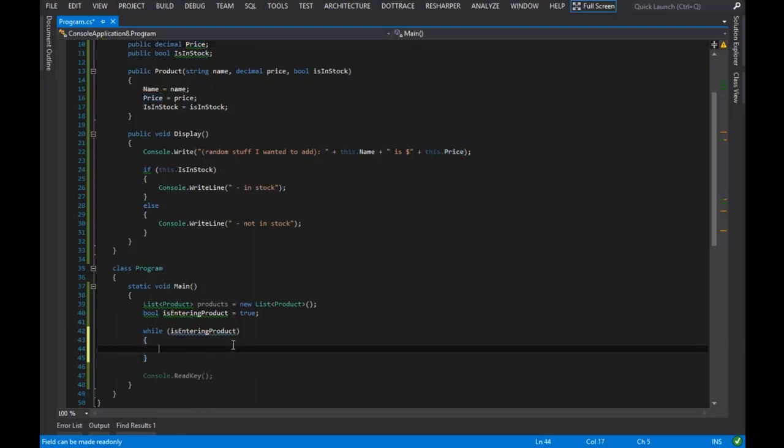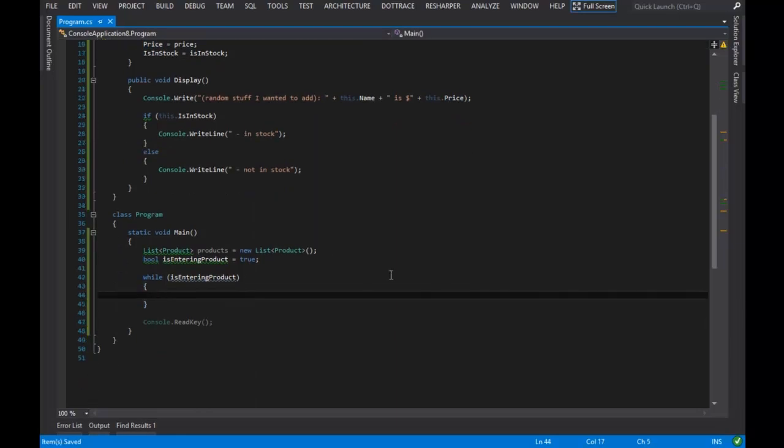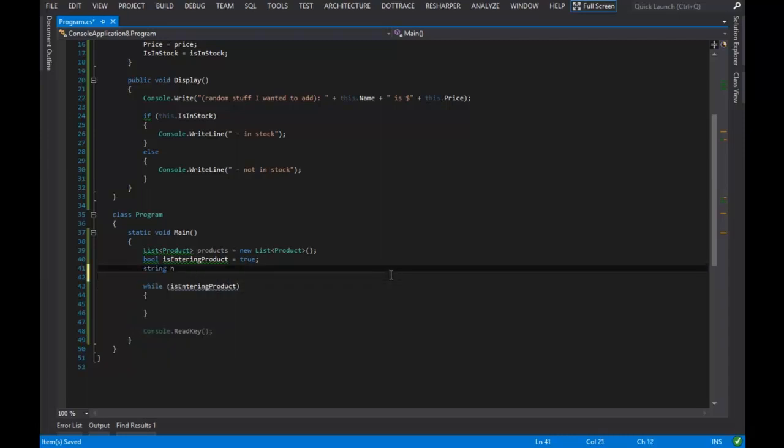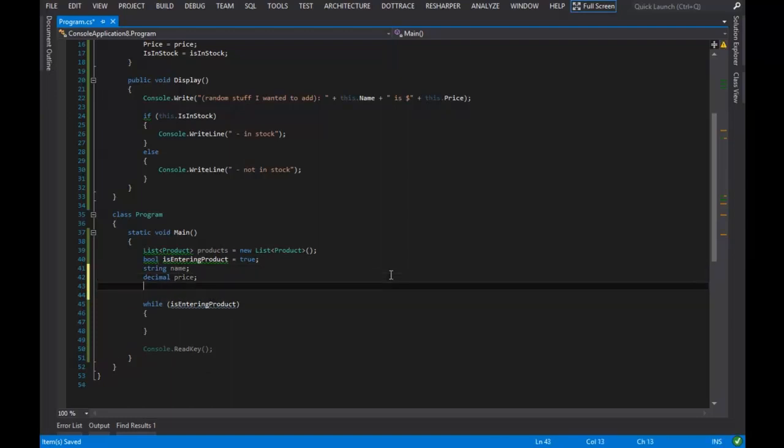All right, let's go ahead and finish this example real fast. So I'm going to say something like string name, decimal price, bool in stock, Console.WriteLine, enter product name, blank to stop.